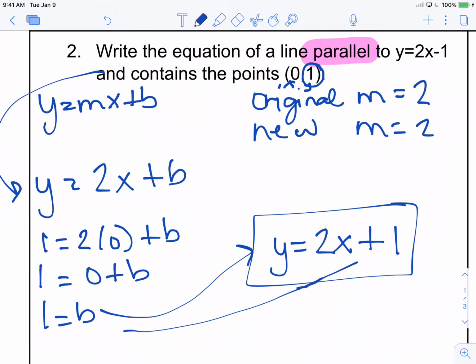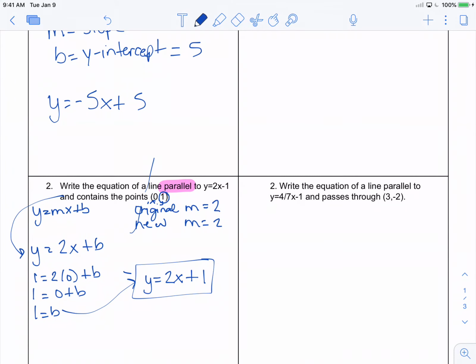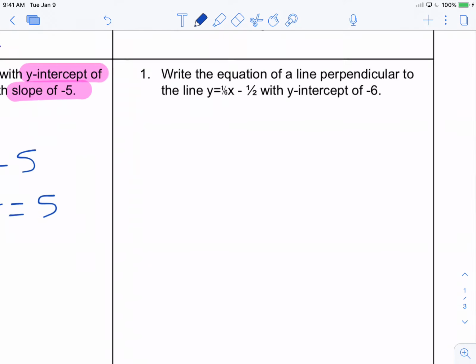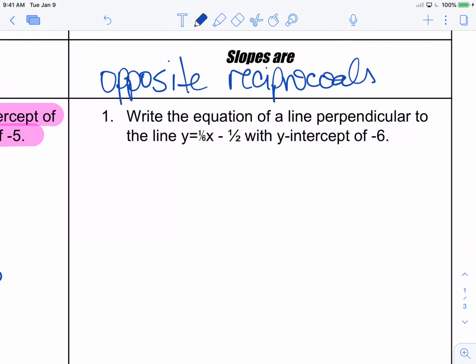Now let's look at a perpendicular line. In perpendicular lines, slopes are what they call opposite reciprocals. That just means if it's positive, it becomes negative, and then you flip it. So if it's a fraction, the numerator becomes the denominator, and vice versa.